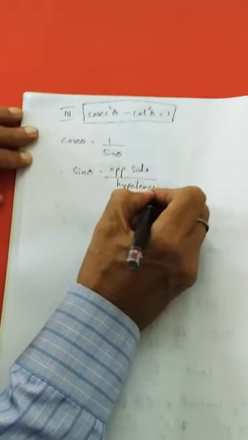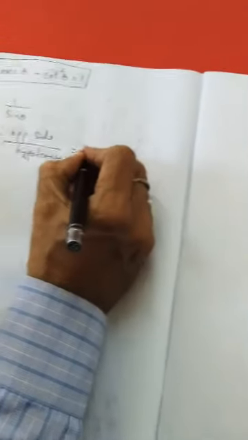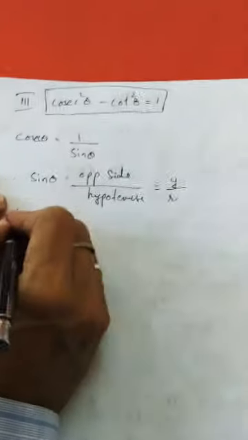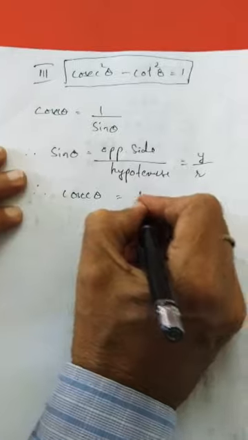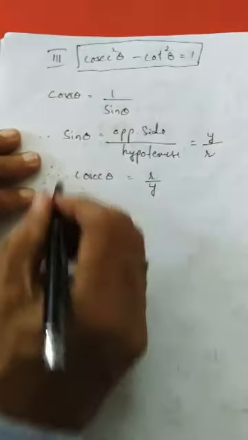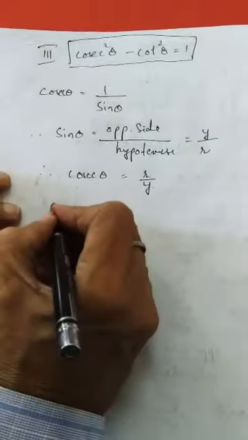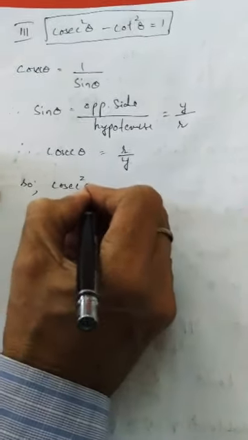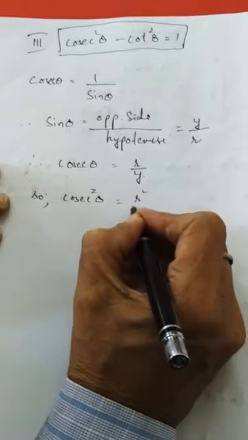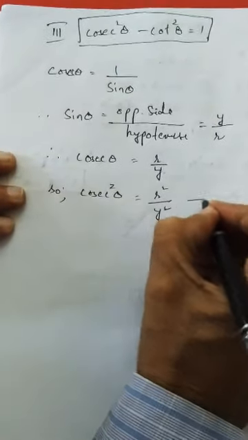Here the opposite side is y and the hypotenuse is r, so it is equal to y by r. When sin theta is equal to y by r, therefore cosec theta is equal to r by y, because it is the reciprocal of sin theta. So cosec square theta is equal to r square by y square. We take this as equation 1.